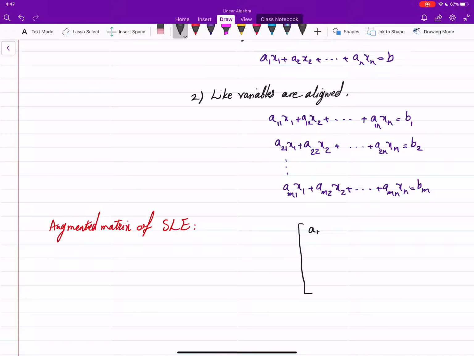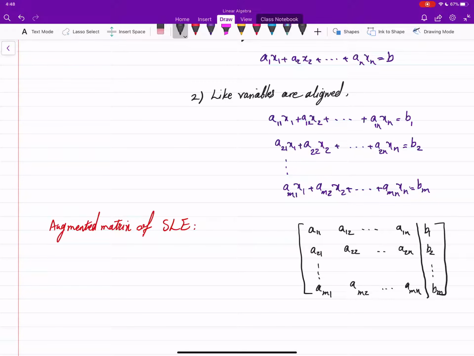So a11, a12, a1n, and then a21, a22, a2n, and this goes to am1, am2 up to amn, and then you draw the separating line and write the right hand side constants like this.